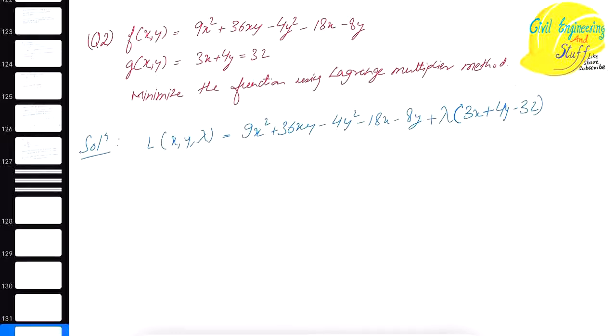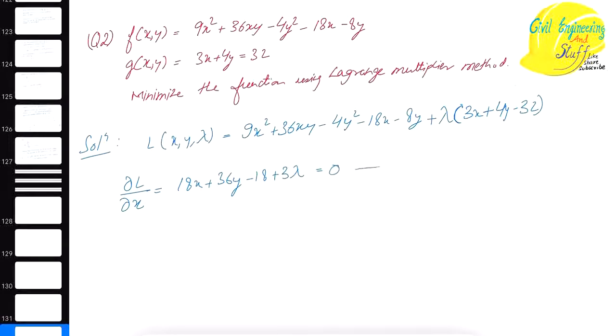So we are going to partially differentiate this equation with respect to x, y and lambda. Let us partially differentiate it with respect to x first. On partially differentiating, we'll have 18x + 36y − 18 + 3 lambda, and we'll put this equal to 0.